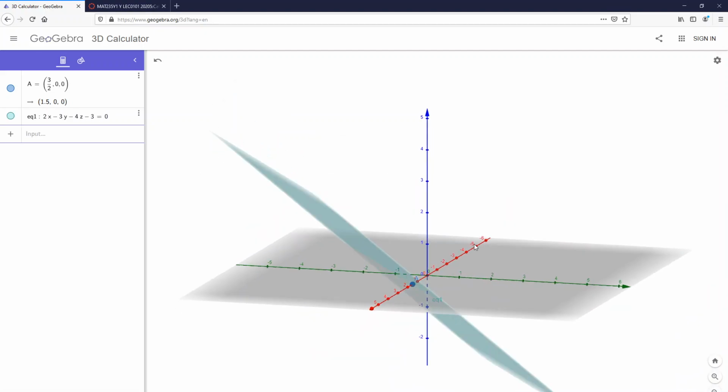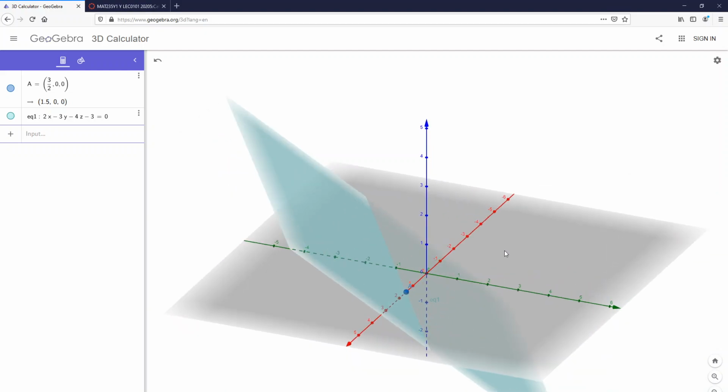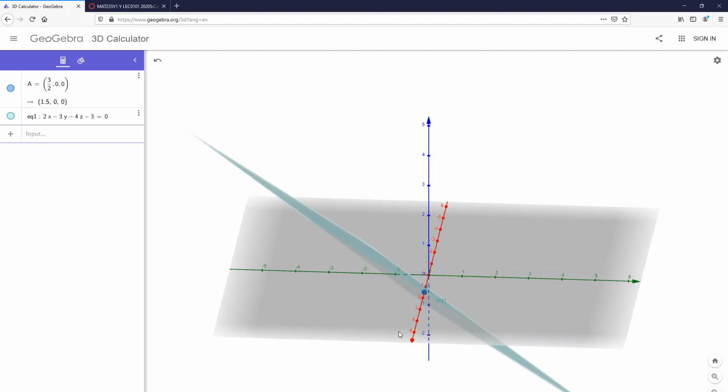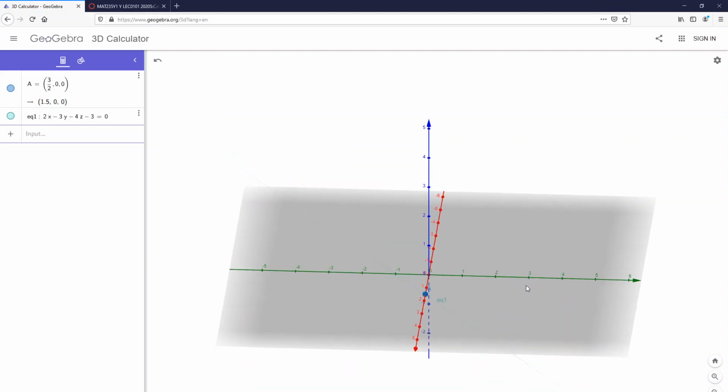There's the point here, point A, and this red line is the x-axis. So at exactly that point, 3 over 2, that's 1.5, that's where on the x-axis the plane intersects.